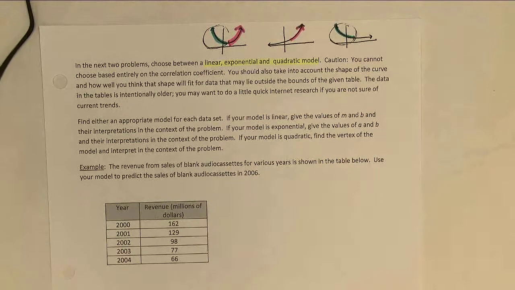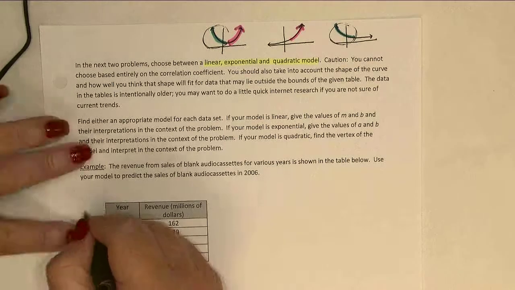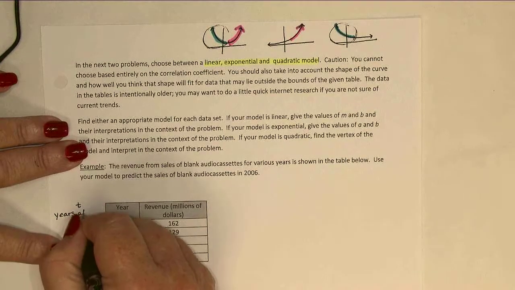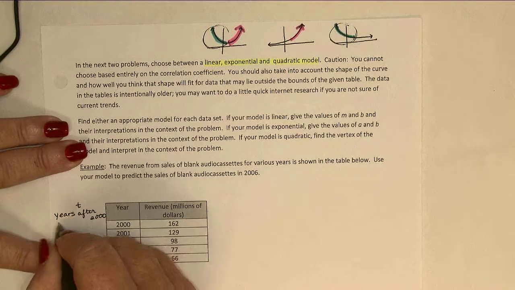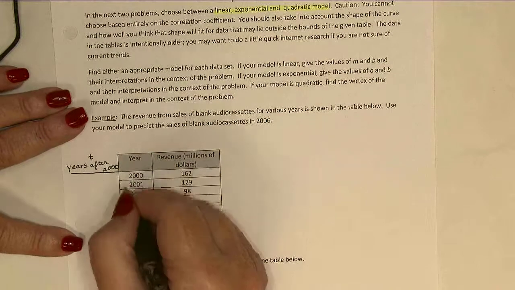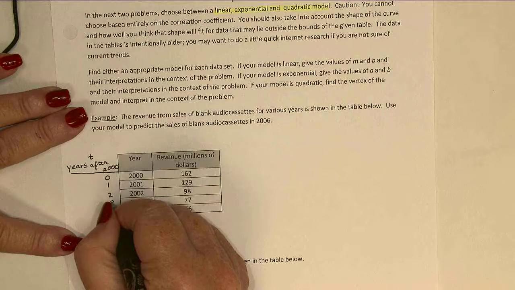Let's start with a scatterplot. I'm going to let T be years after 2000. So 0, 1, 2, 3, and 4.